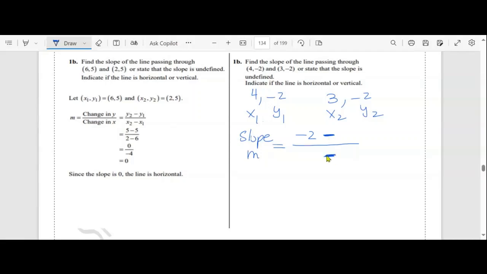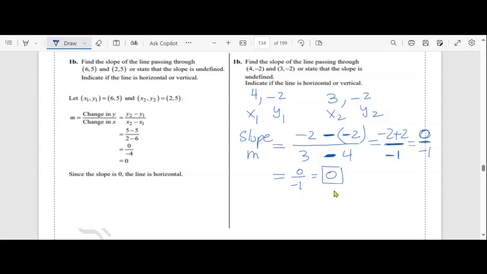Remember, we put minus here because we're taking the difference. -2, -2. How much is here? 3, and here 4. So your answer will be what? -2 plus 2 gives you 0. And take away 4 from 3, you get -1. So 0 divided by -1, the answer is 0.